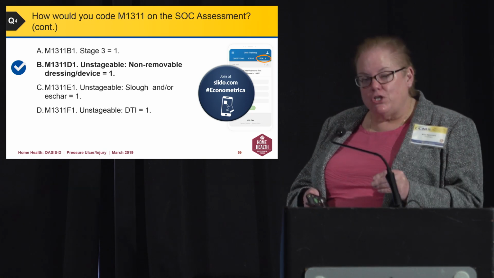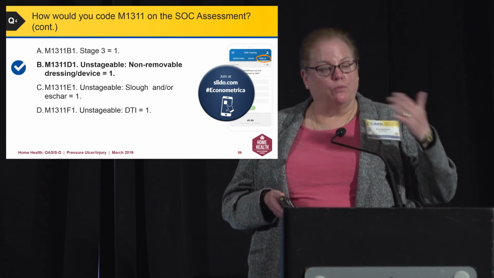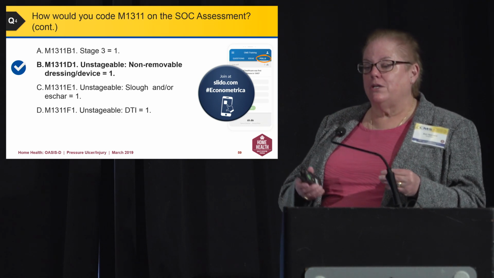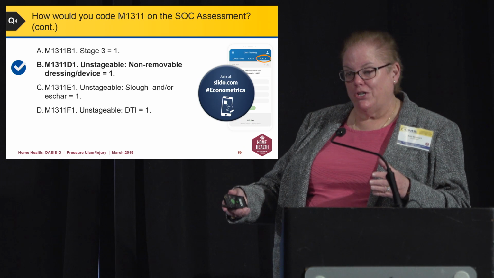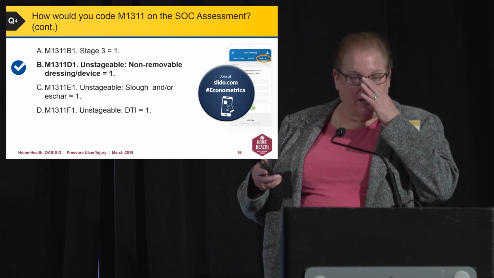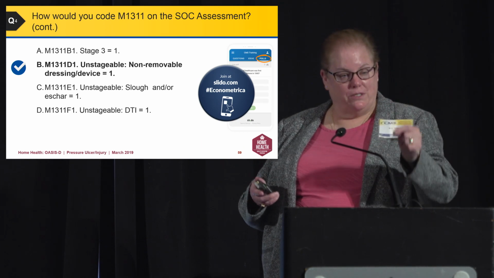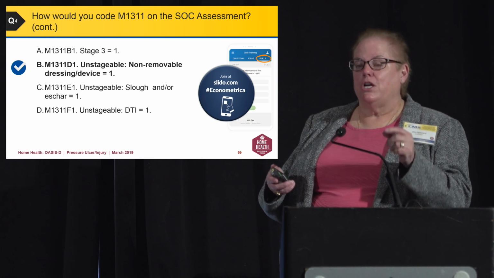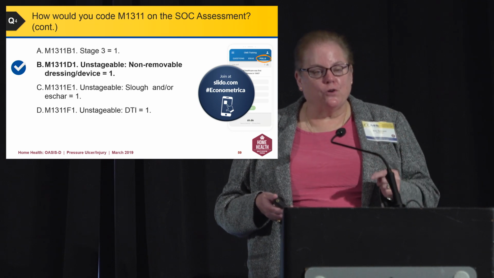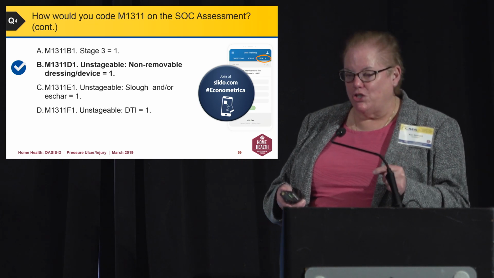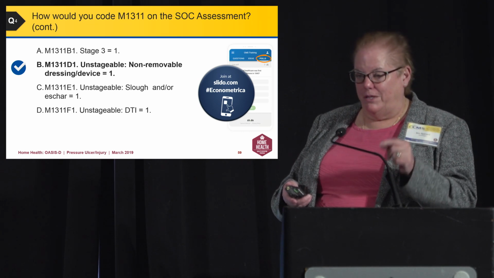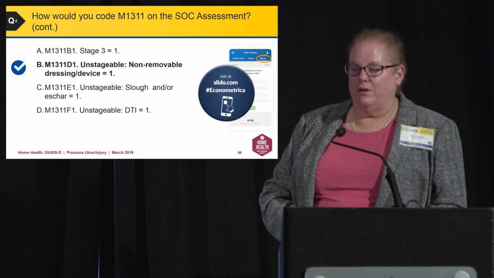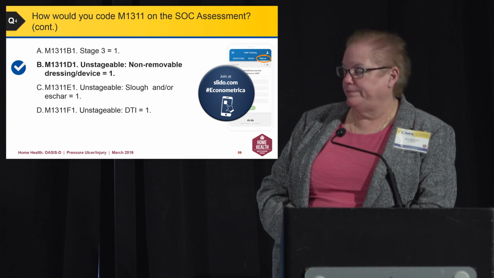Now, the information that you gathered 4 days later when you remove that dressing and it's a stage 3 is important to know, because when you go to discharge, if it had stayed a stage 3, you would have said it was stage 3 present upon admission. I know I had a stage 3, okay? Because you can say that because the first time that you can numerically stage it, because you knew you had something there, that becomes the start of care stage of the ulcer.